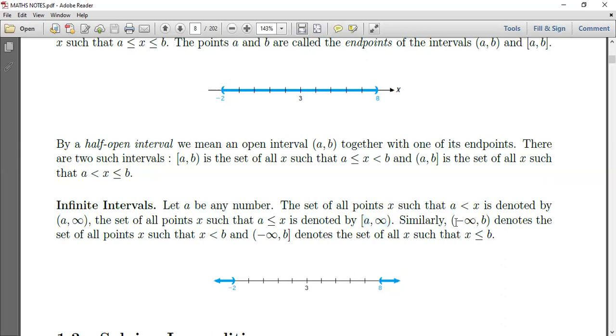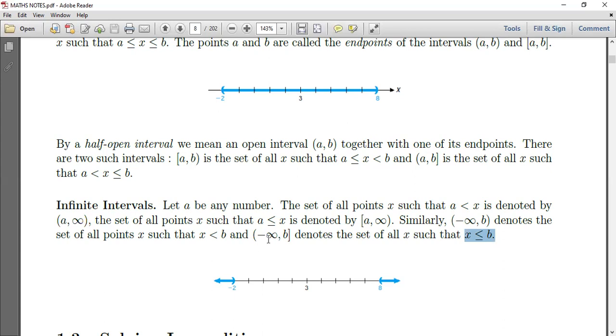Similarly, we have minus infinity to B, and we write it like this. Where there is infinity or negative infinity, we don't put a square bracket, because infinity is not a number, nor is negative infinity.